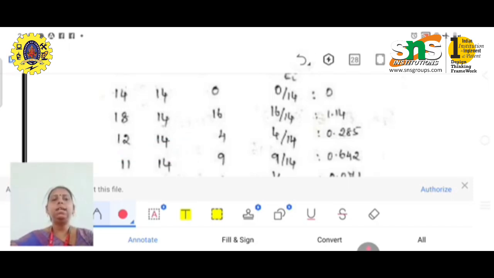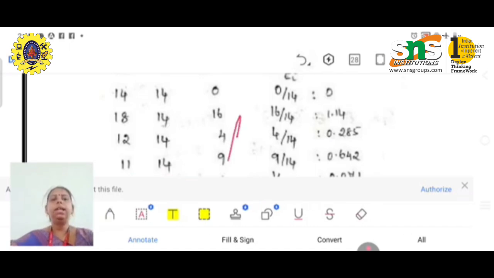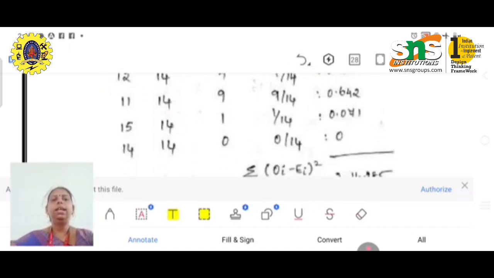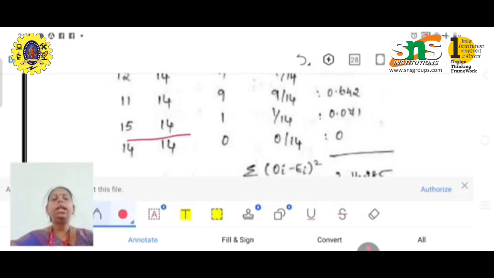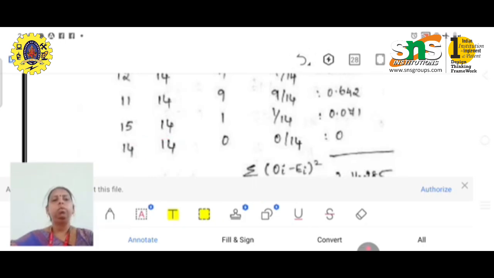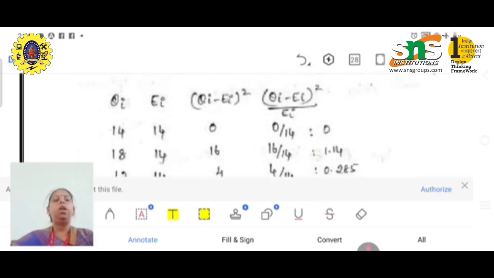The next entry is 11 minus 14, which is minus 3. When you square it is 9. Similarly, the next entry is 15 minus 14, that is 1. Squaring you get 1. The next entry is 14 minus 14, which is equal to 0. So in the third column we calculate (OI minus EI) whole square.